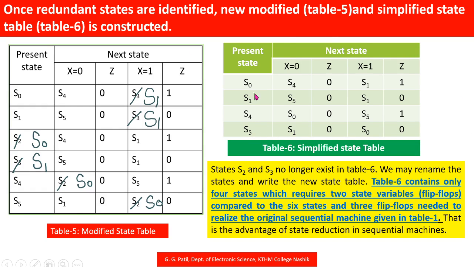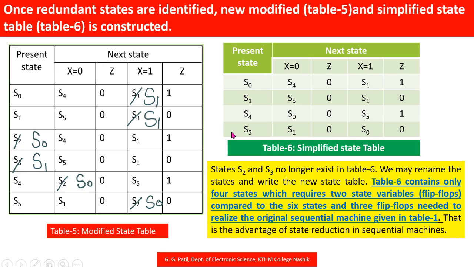In this simplified state table, states S2 and S3 no longer exist in table 6. Here they are not present. We may rename the states: S0 is A, S1 is B, S4 is C, and S5 is D, and we can rewrite this state table with the new names. Table 6 contains only 4 states.